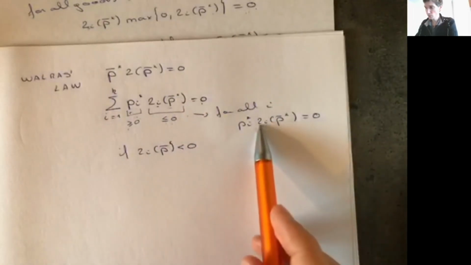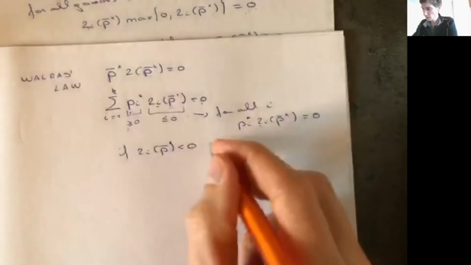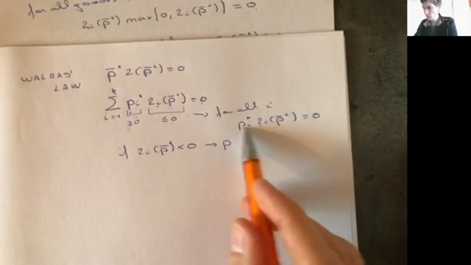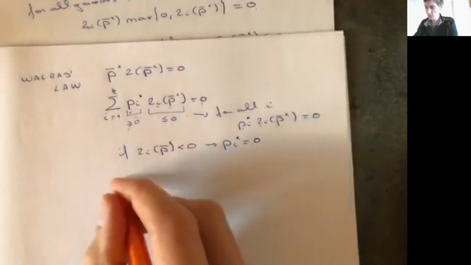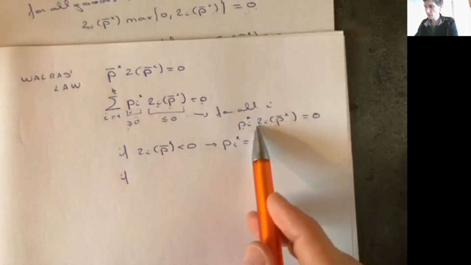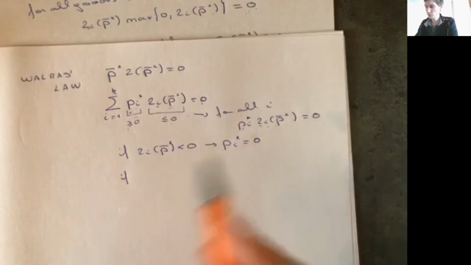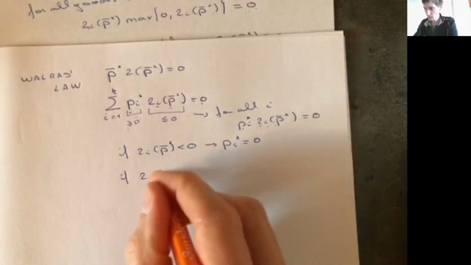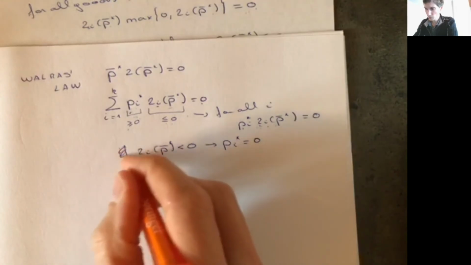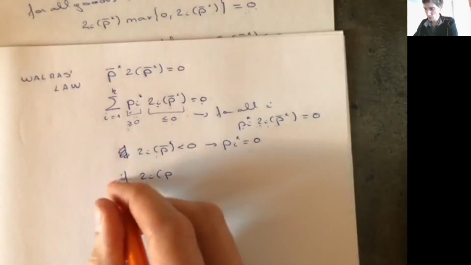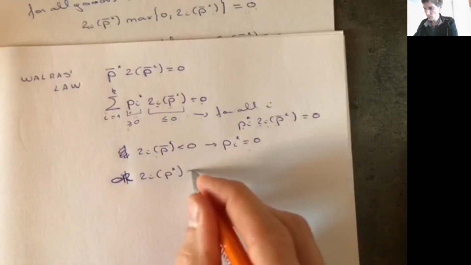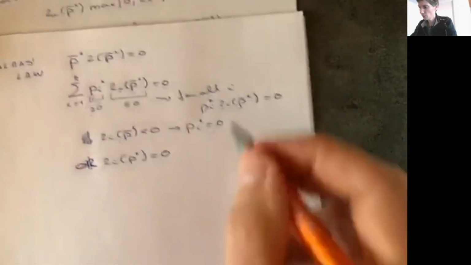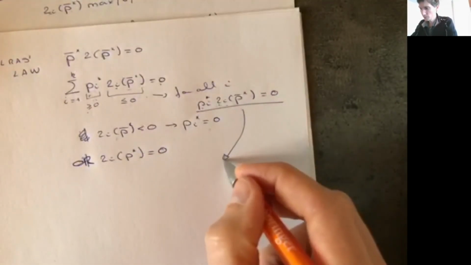So if Z_i is strictly negative, then because this product has to be equal to 0, P_i star is equal to 0. It's impossible that it is strictly positive. So either this holds or Z_i has to be equal to 0. Let me rewrite it.